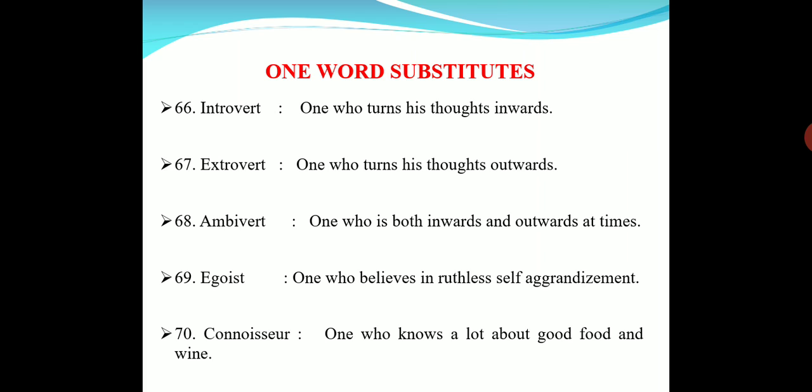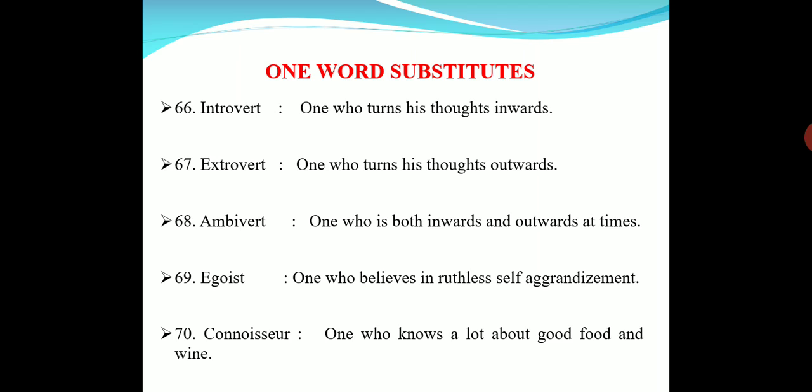Introvert is one who turns his thoughts inward. And extrovert, one who turns his thoughts outward, is called an extrovert. Ambivert, one who is both inward and outward at times. Egoist, one who believes in ruthless self-aggrandizement.